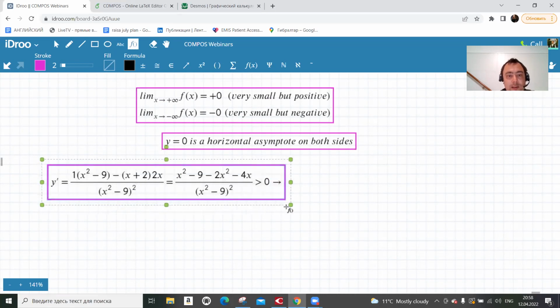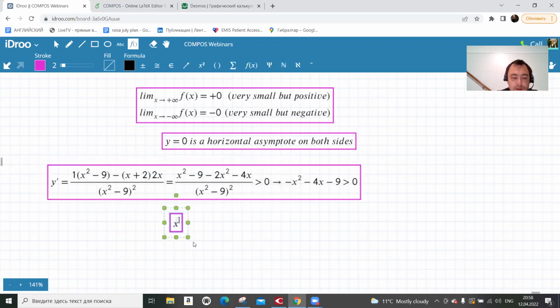The denominator is always non-negative, but for the numerator, minus x squared minus 4x minus 9 must be greater than 0.